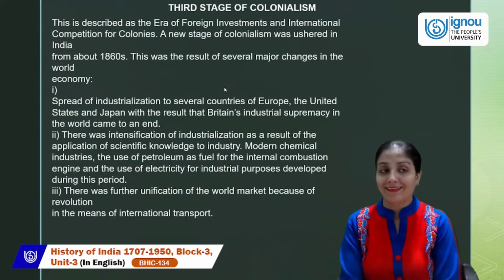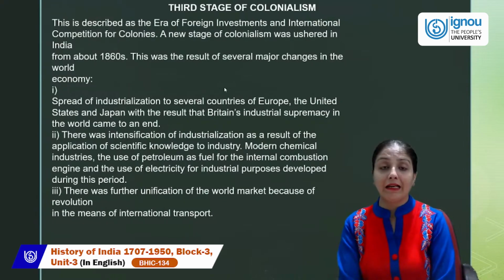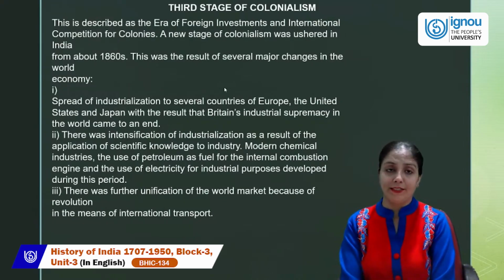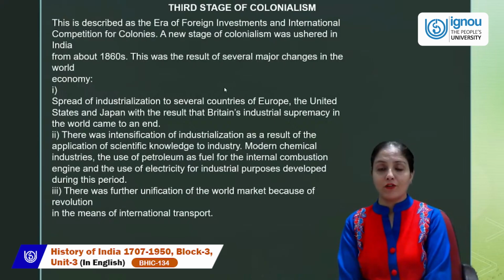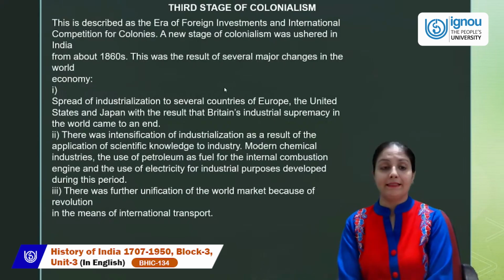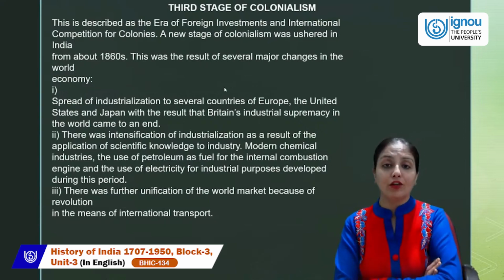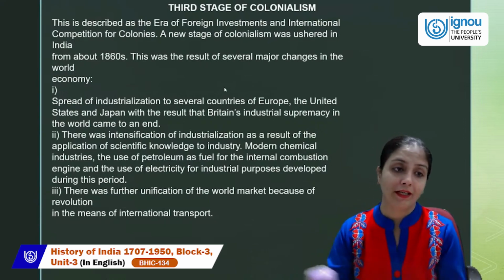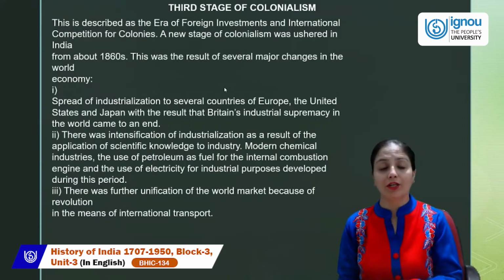This is described as the era of foreign investment and international competition for colonies. A new stage of colonialism emerged in India from about the 1860s. This was a result of several major changes in the world. What was in the economy?